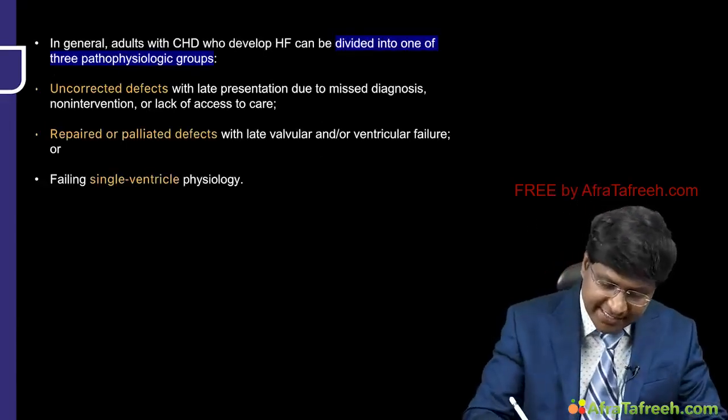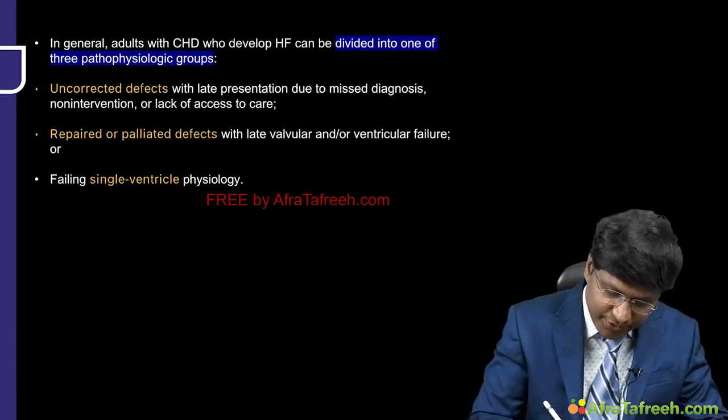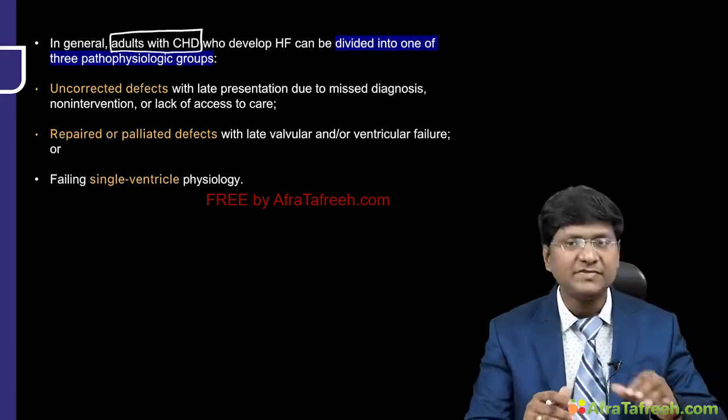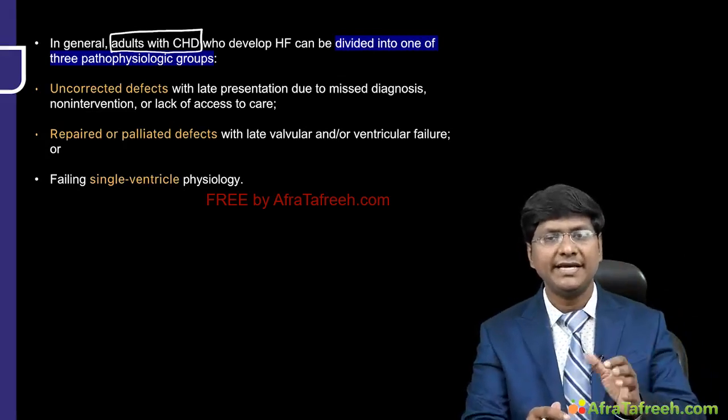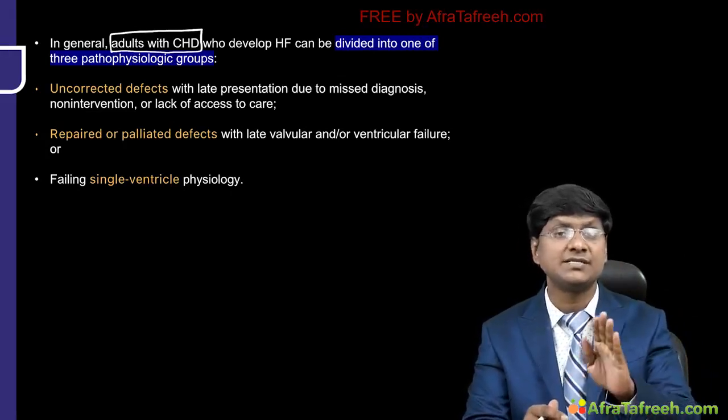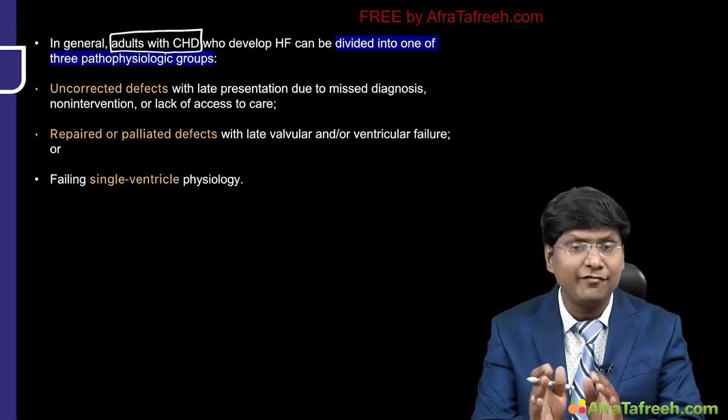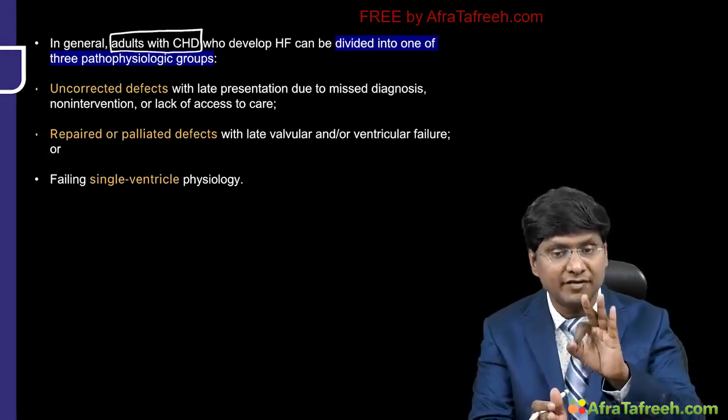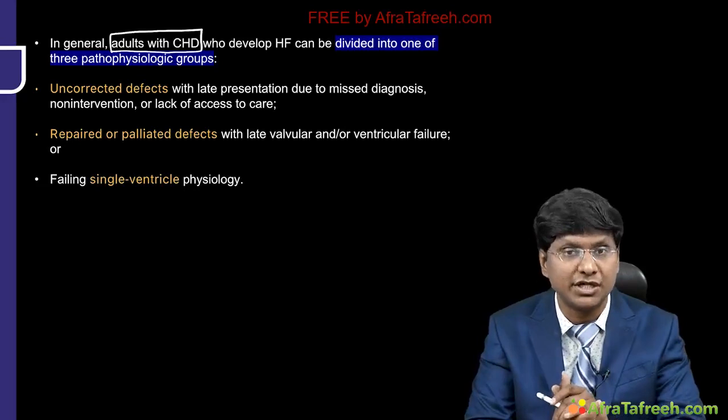Now, in adults with congenital heart diseases, what will be the pathophysiology causing heart failure? They fall into one of the following three pathophysiological groups.